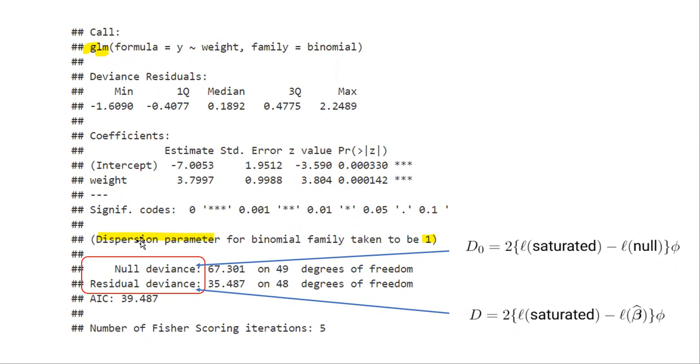The dispersion parameter in this case, for this particular model, which we'll talk about next lecture, is family binomial. It's a logistic model, for those of you who already know about logistic regression. The dispersion parameter is 1. So what does that mean? It means that the scaled deviance is the same as the deviance.